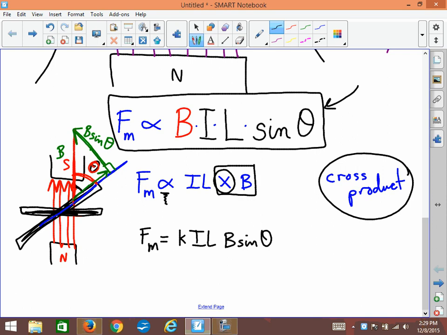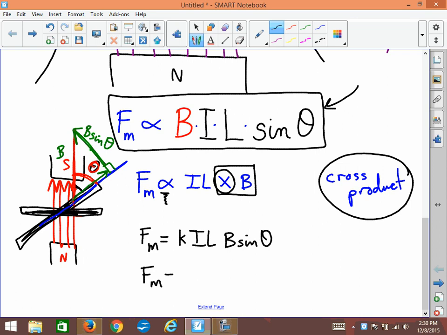Anyway, interestingly enough, if we want to define the field strength in Teslas, and we understand that 1 ampere of current on a 1 meter wire will give us a force of 1 Newton, then we can assign k to equal 1.